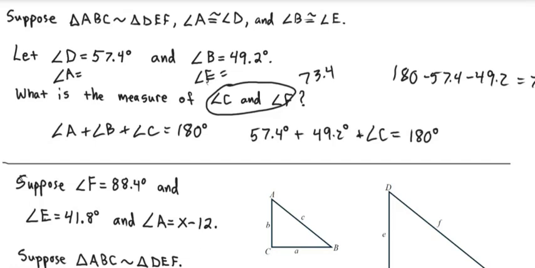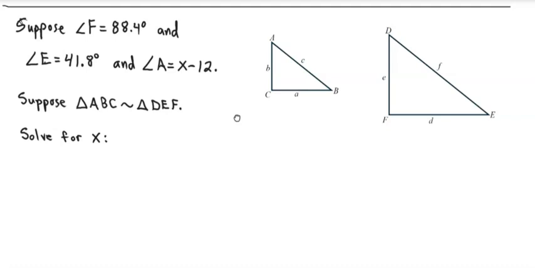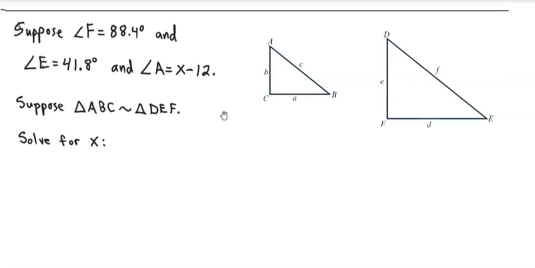Let's try another kind of example that we can do with this similarity information. Suppose we have these two triangles here. We have triangle DEF and triangle ABC. And it says that angle F is 88.4 degrees.